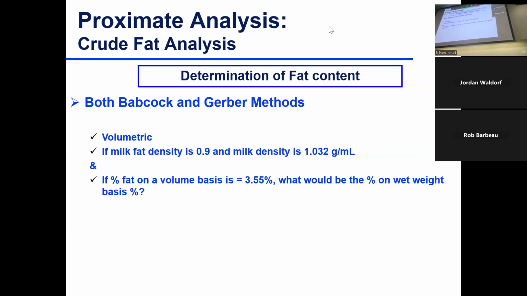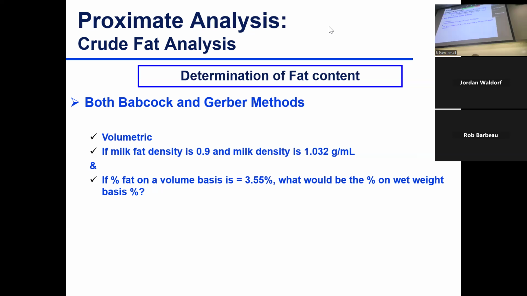And then what would be the mass in this case? 0.9 times 3.55. It's 3.195 grams, right? Okay. That is the mass of fat, the weight of fat.